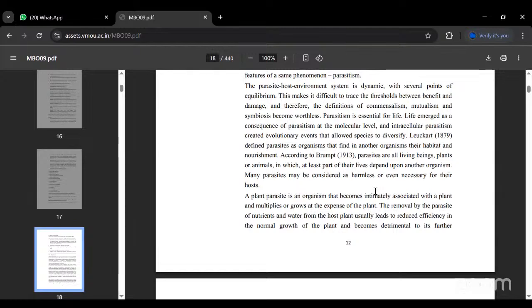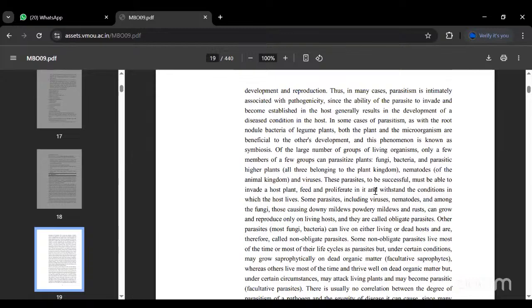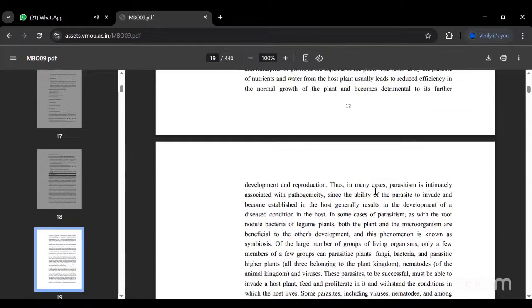The host plant's loss of nutrients and water reduces its efficiency, determining further development and reproduction, and thus may lead to the development of a diseased condition of the plants.